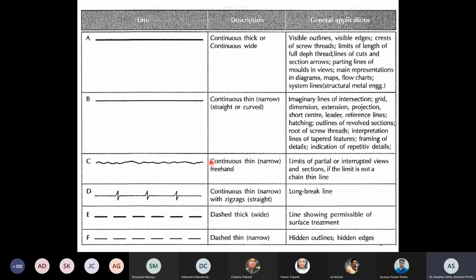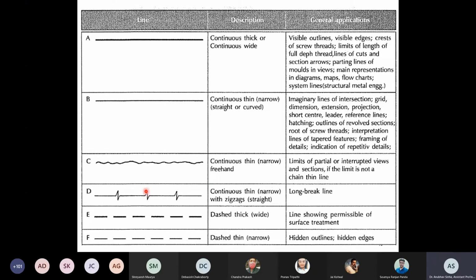And I think in today's sheet also there is a question where you need to draw all these lines. Most commonly used for our purpose are continuous lines, and you can also have freehand. Generally we'll not do it till sheet 5. We don't have any freehand, if I remember correctly.